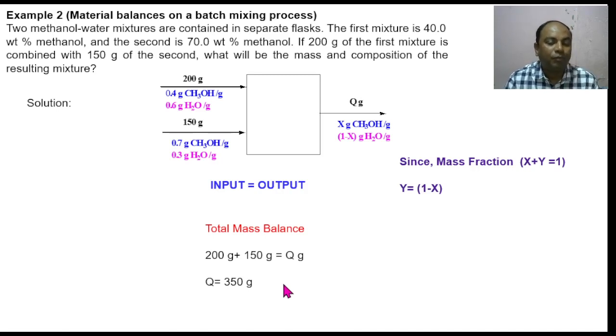So here we have made the calculations on the entire process. In this case, you can also make the calculations on an individual unit, as if you consider the methanol balance. There are two streams coming into the process and combining, and these two streams have known values, but the outstream is unknown to us.